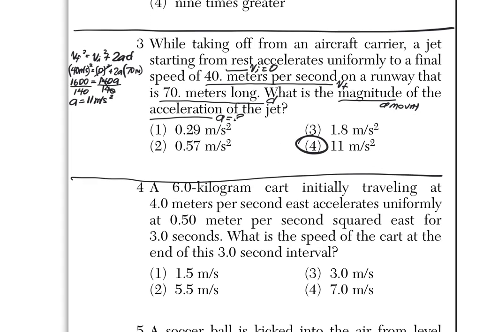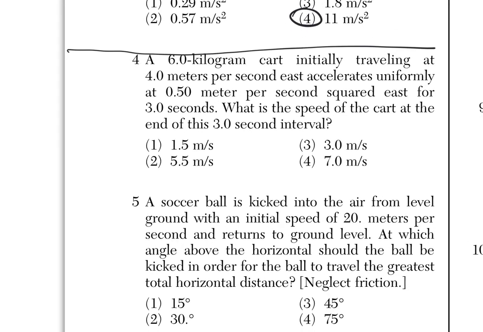All right, next question. Number 4, we know the mass of a cart, a 6 kilogram cart, initially traveling at 4 meters per second east, that is v initial. It accelerates at 0.5 meters per second squared, that is my acceleration, east.